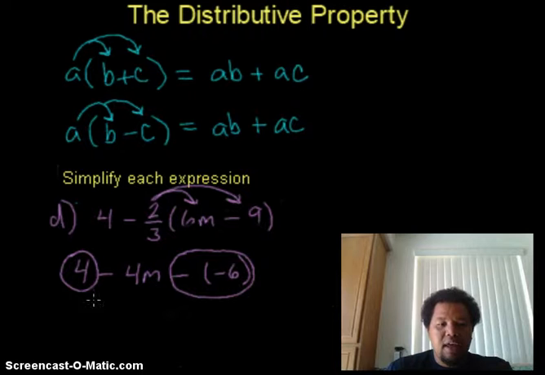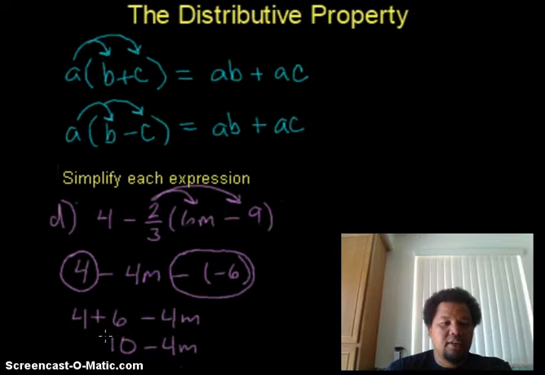You can simplify this down to be 4, because subtracting a negative 6 is the same thing as adding a positive 6. So 4 plus 6 is 10 minus the 4m. Again, these are not like terms, so this is where we would stop our problem. All right, so that's using the distributive property.